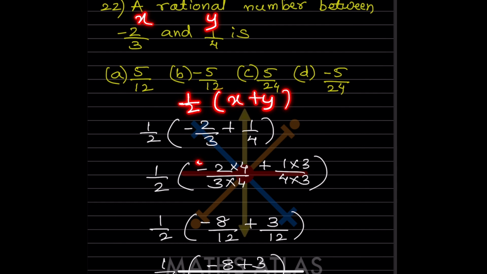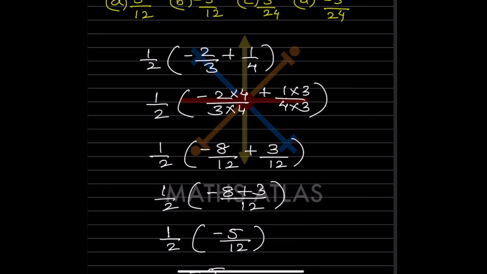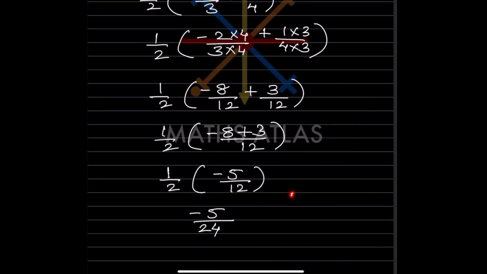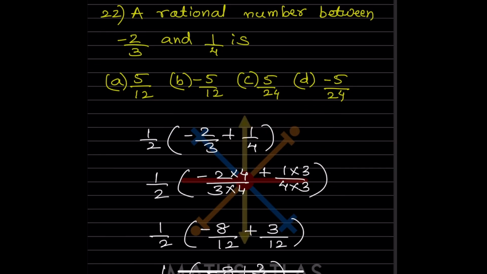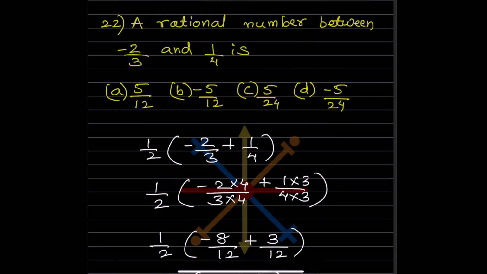Now in place of x we are going to write minus 2 by 3 plus 1, and the rest of the things are going to be the same. This formula is important, so this step is important. The rest we know how to simplify by taking the LCM. Just have a look at it. Then we get here minus 5 by 12 times 1 by 2. This will actually be multiplication, so this is going to be minus 5 by 24. You can just put a tick over here.